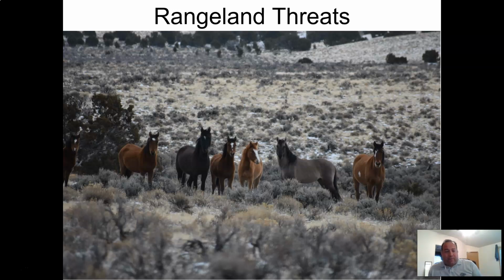And so the last part of this lecture, we're going to focus on threats to the rangeland. And if you're looking at this picture and you're saying, well, yeah, but that's just some horses out on the rangeland, what's the threat? The horses there are a threat. This is actually a picture taken in Nevada by a former student in this class.